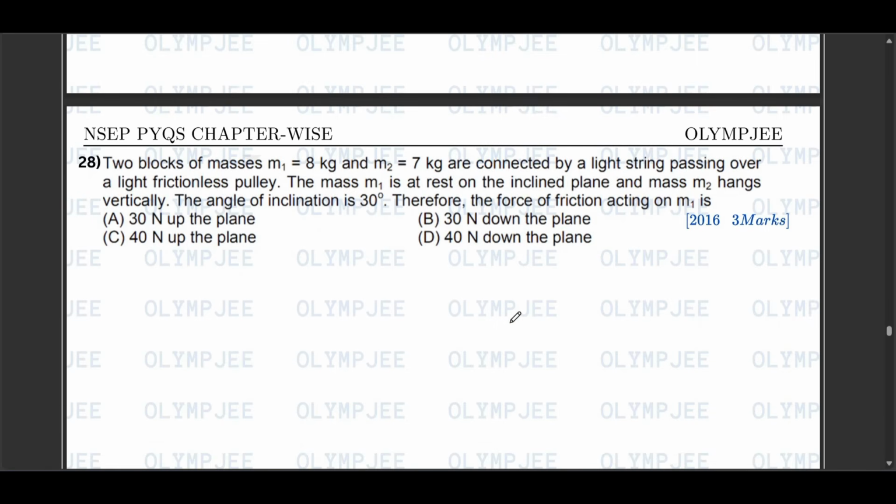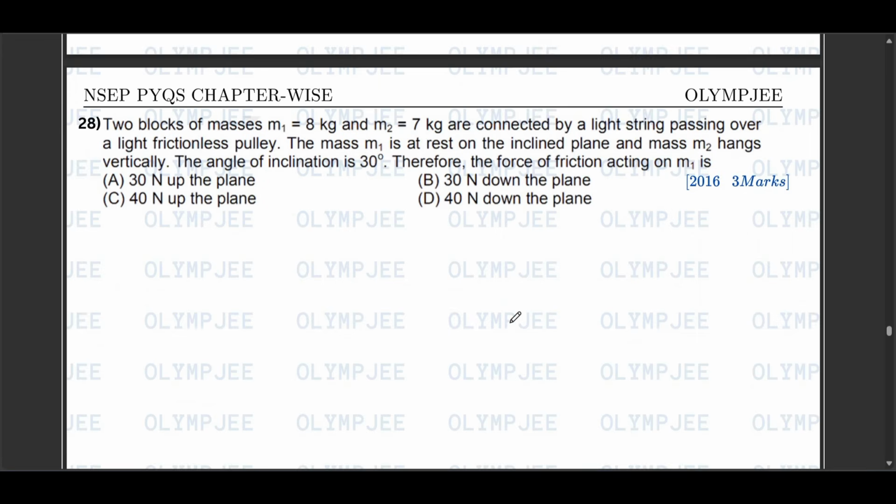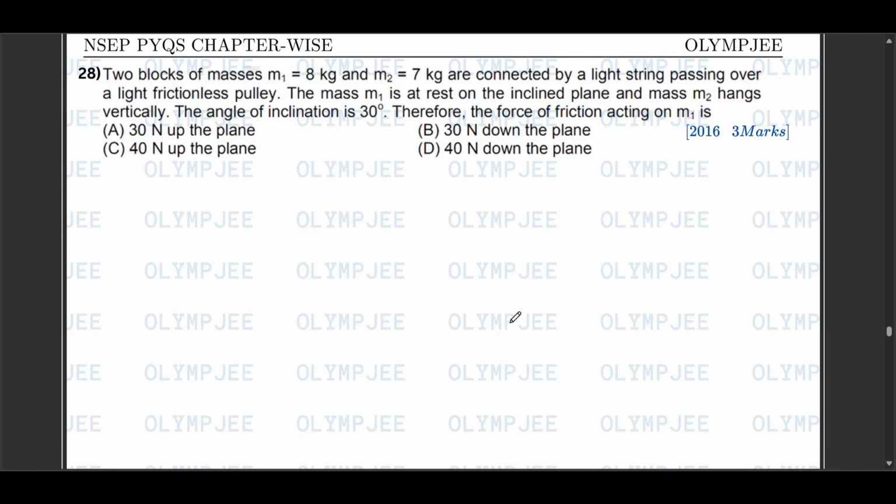Moving on to question 28, it says that two blocks of masses 8 kg and 7 kg are connected by a light string passing over a frictionless pulley. The mass m1 is at rest on the inclined plane and m2 hangs vertically. The angle of inclination is 30 degrees. So the friction force acting on m1 is asked.